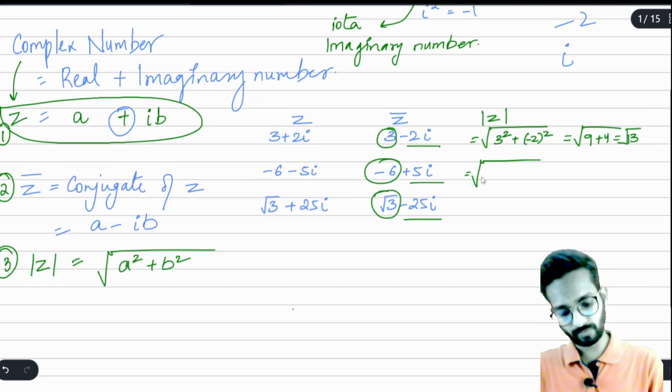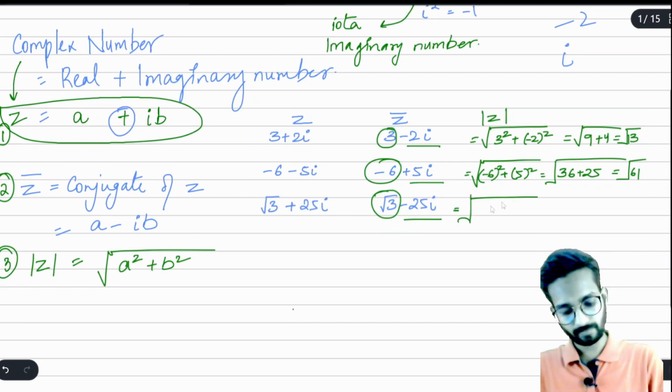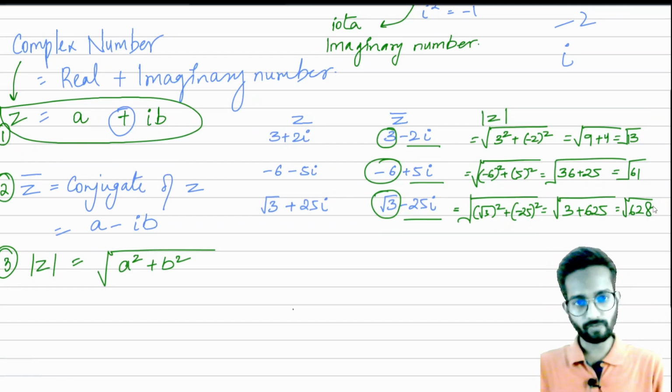Here also root of negative 6 square plus 5 square, it will become root of 36 plus 25, that is root of 61. Now here also root of 3 square plus negative 25 square: root 3 square is 3 plus 25 square is 625, so you will get root of 628. This is how you find the mod of z.